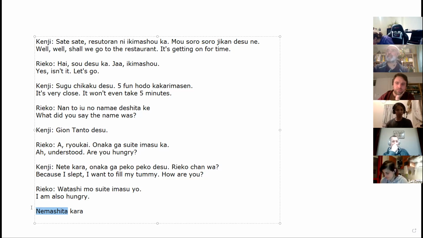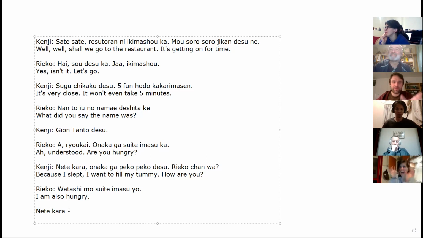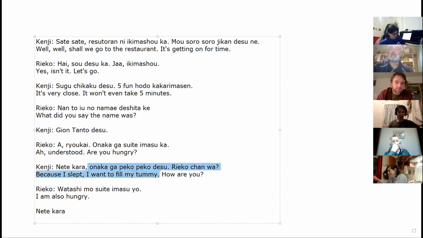So instead you can just turn this into the te form to join it, and it's now like a reason, because I slept. But if you make it the te form, I would assume that somewhere there is an implication that it's past, but there isn't. It's just read into it, really. Basically, this is giving a reason why he's hungry. Okay. Cool.